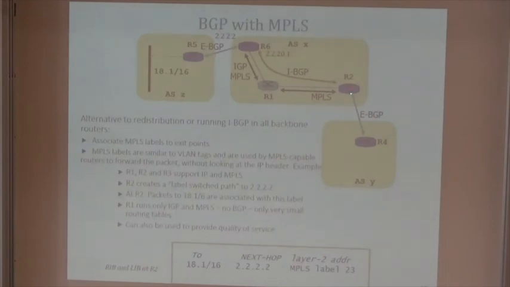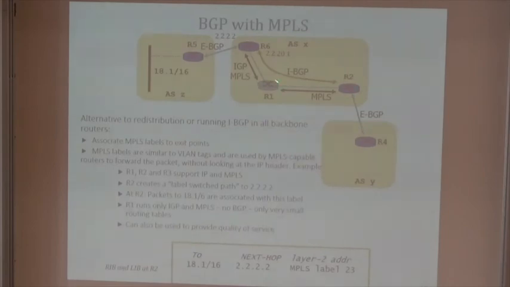Now, when this router receives this packet, it tags it with this label and sends it to the next hop, which is R1. The next hop is not given by looking at the IP forwarding table that exists in all those routers, but all those routers have, in addition to the IP forwarding table, a label lookup table where they look at what to do when you receive a packet that has label 23.